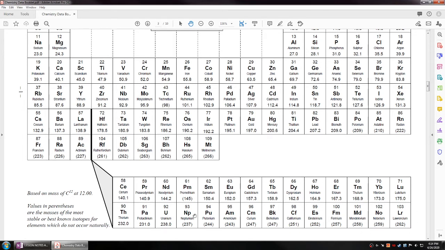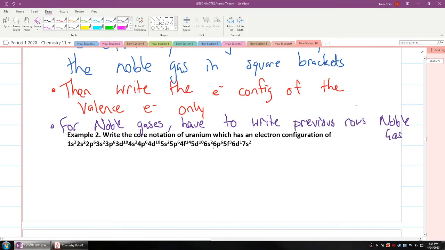Because this section, which we call actinides and lanthanides, actually fits right here. So if uranium is actually part of this row, what's the previous row's noble gas? It's radon. Radon has 86 electrons. So in this case, we look at this and we see that radon is actually this sequence right here. Right here, this is radon.